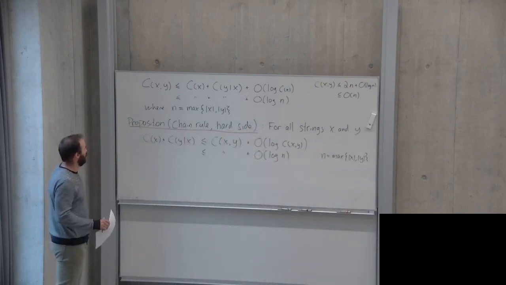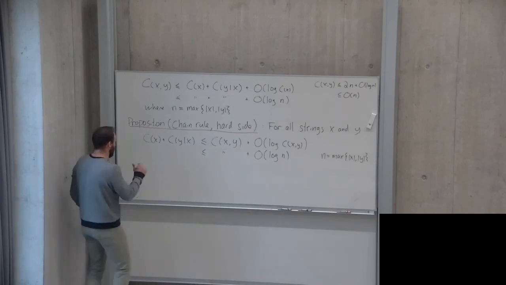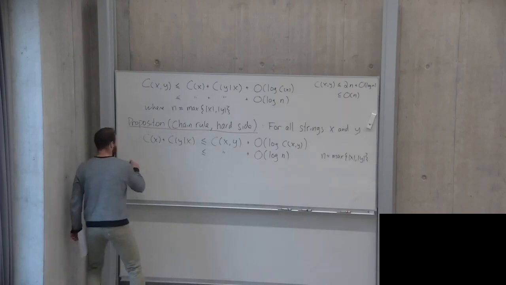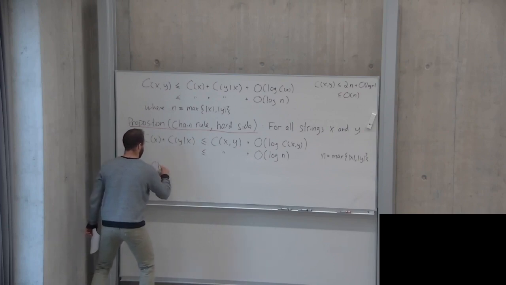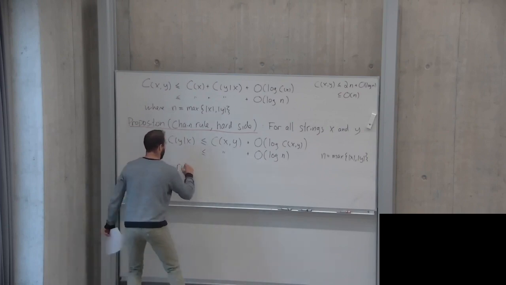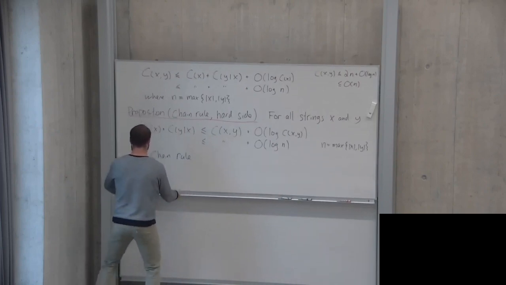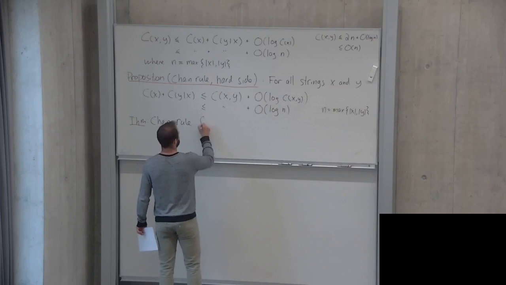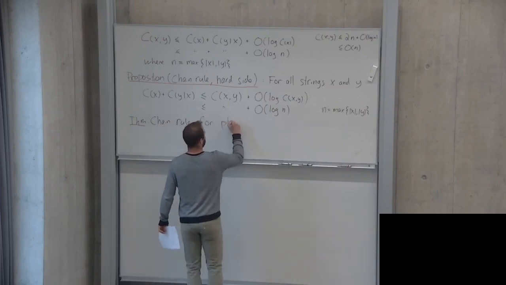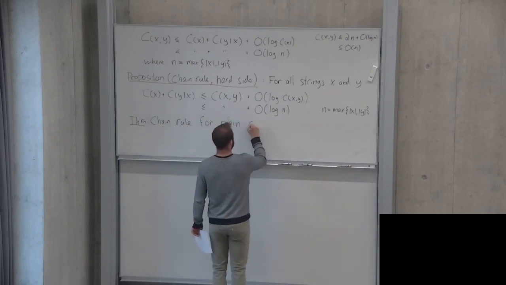Right. Okay, so let me just state as a theorem, just a concatenation of our two statements, chain rule. Maybe chain rule for plain complexity. It's worth saying it.